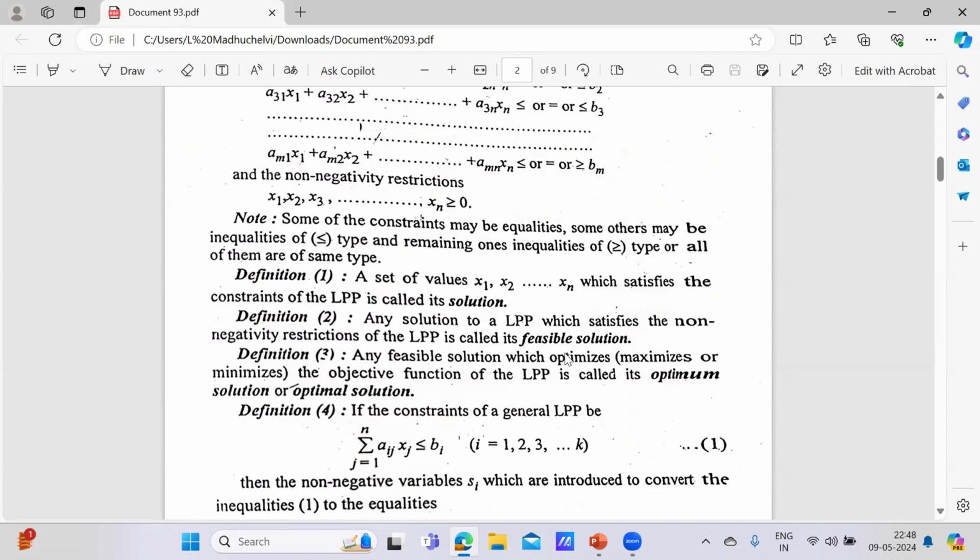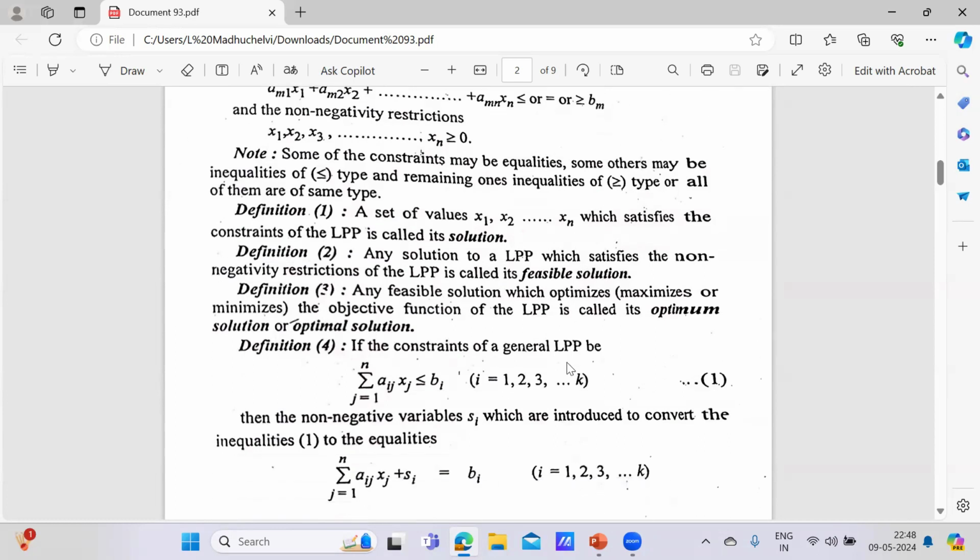Then let us see what is known as optimum solution. Any feasible solution which optimizes, that is maximizes or minimizes the objective function of the LPP is called its optimum solution or optimal solution.